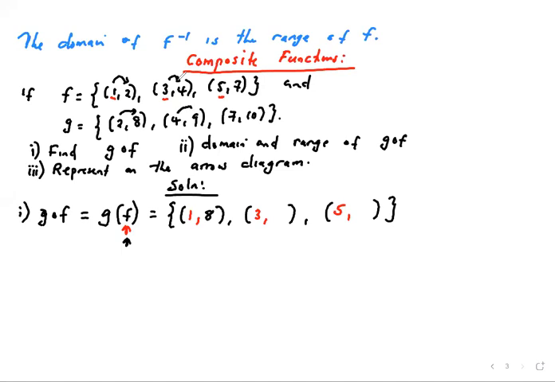Follow 4 in G, it goes to 9. Here you put 9. You go to 5 in F, it goes to 7. 7 goes to 10. Here you put 10. That is how you get this composite structure.